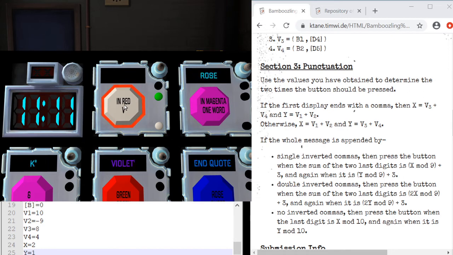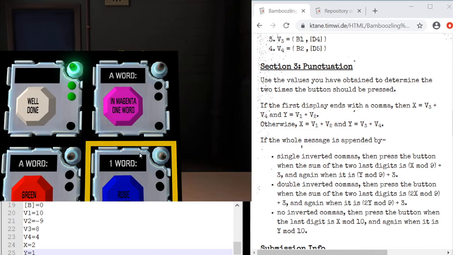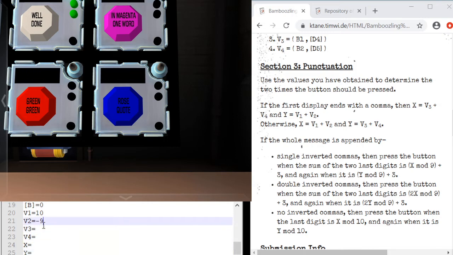And that's a solved module. Now, what about special cases? Well, if there are any special cases, like in this button, this is the perfect example. So, let's get rid of all of these again.